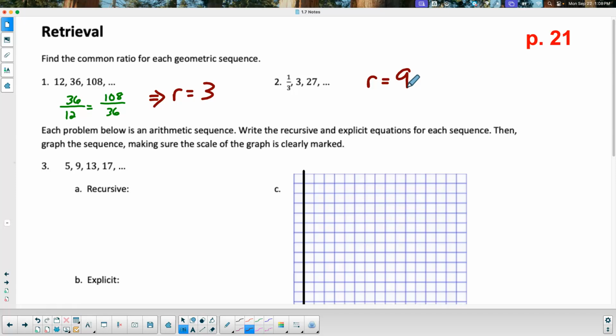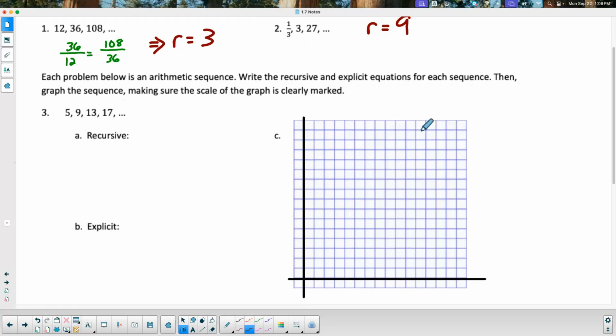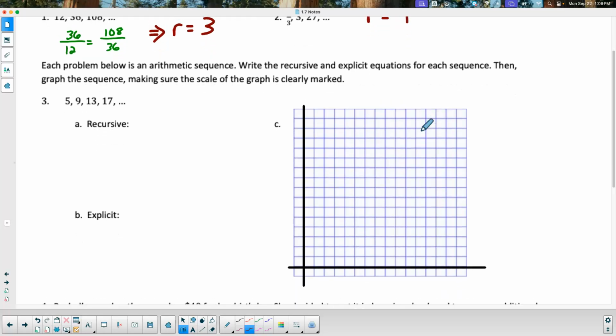Okay, love it. Each problem below is an arithmetic sequence. That means it's going to be linear. Write the recursive and explicit equations for each sequence, then graph them to make sure the scale in the graph is clearly marked. Recursive would be the next one. What are we adding to get the next term? Adding 4.